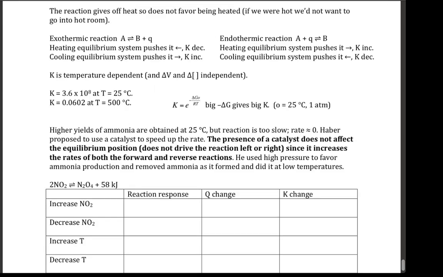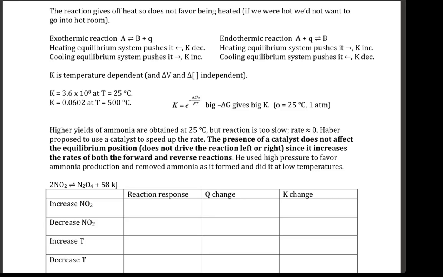Higher yields of ammonia are obtained at 25 degrees Celsius, but the reaction is, unfortunately for chemists, too slow. The rate is approximately 0. Haber proposed to use a catalyst to speed up the rate. Bear in mind, the presence of a catalyst does not affect the position at equilibrium. It does not make for more product.